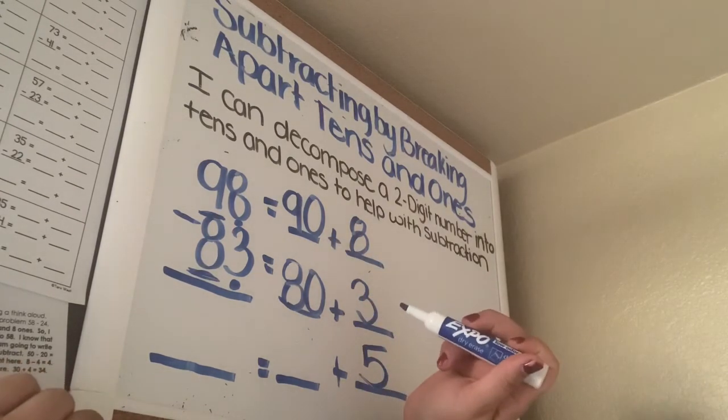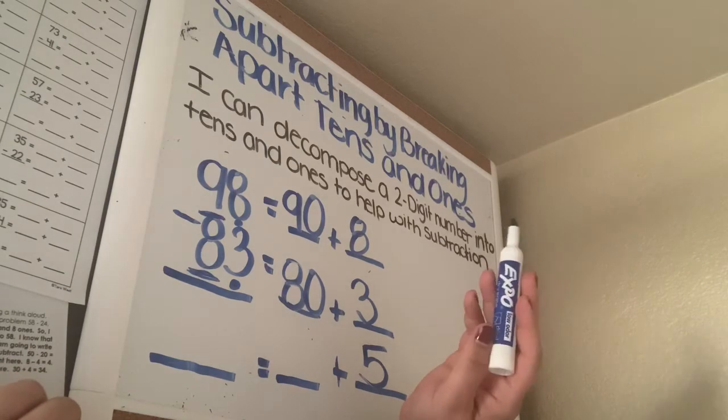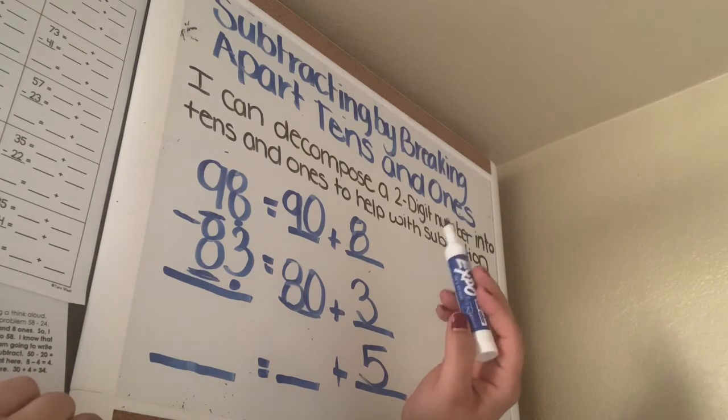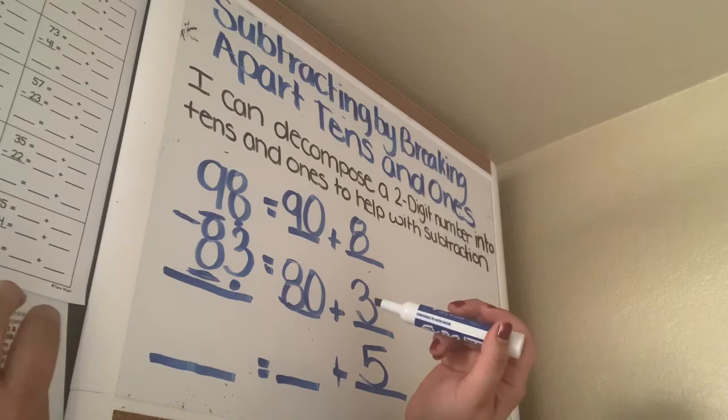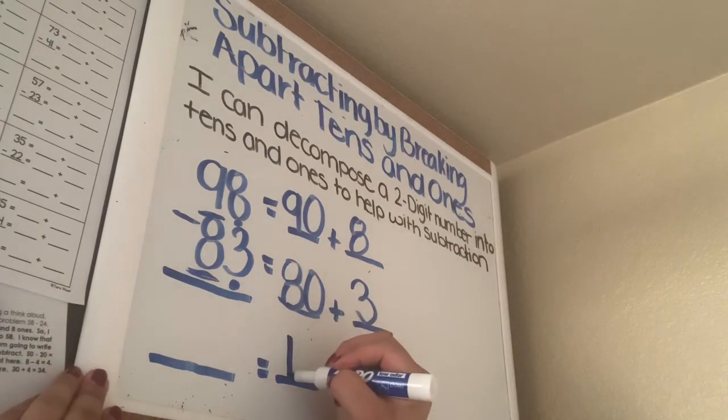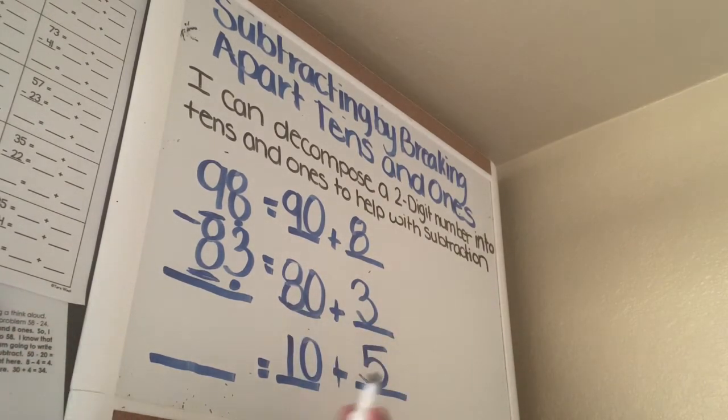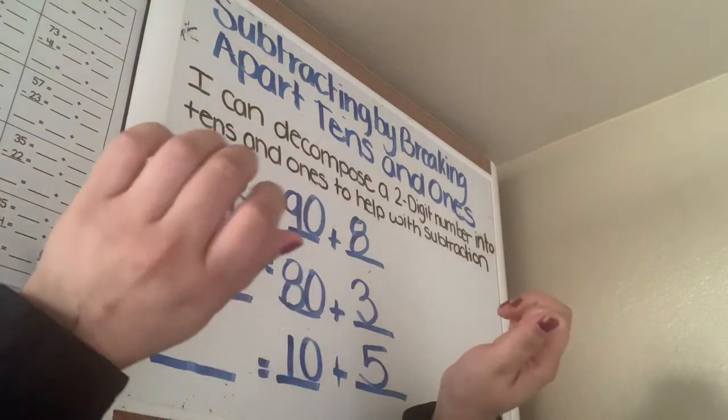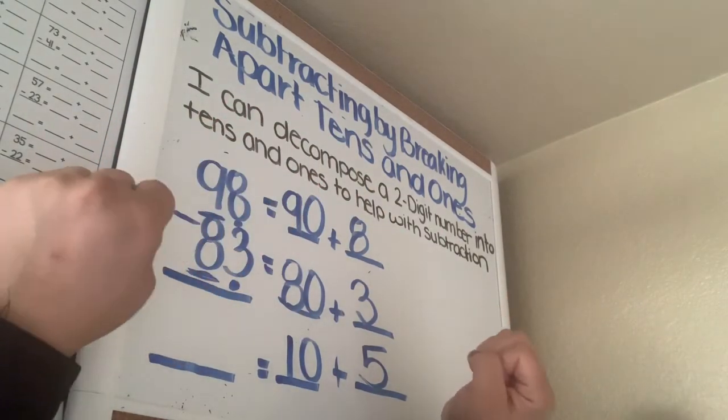Now, what is 90 subtracted by 80? 10. Good job. And for those of you that don't know, I got 10 by skip counting backwards.